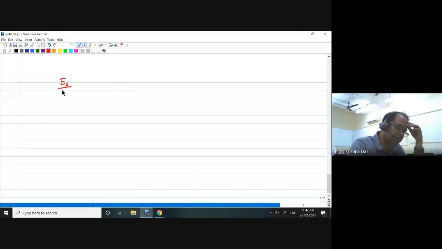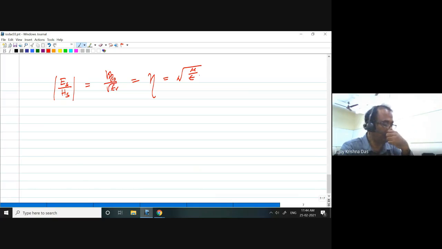And then ES by HS we get, that is actually your eta 0 by square root of epsilon r. Normally, in any medium, we call this eta. Eta is nothing but square root of mu by epsilon. That is actually the so-called characteristic impedance.